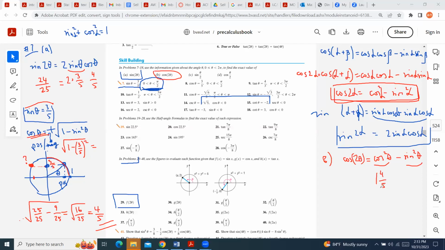So it becomes a pretty straightforward little arithmetic exercise, minus sine, which is 3/5, right? Squared. Okay, so I square these, I get 16/25 and 9/25. When I subtract these, I get 7/25.